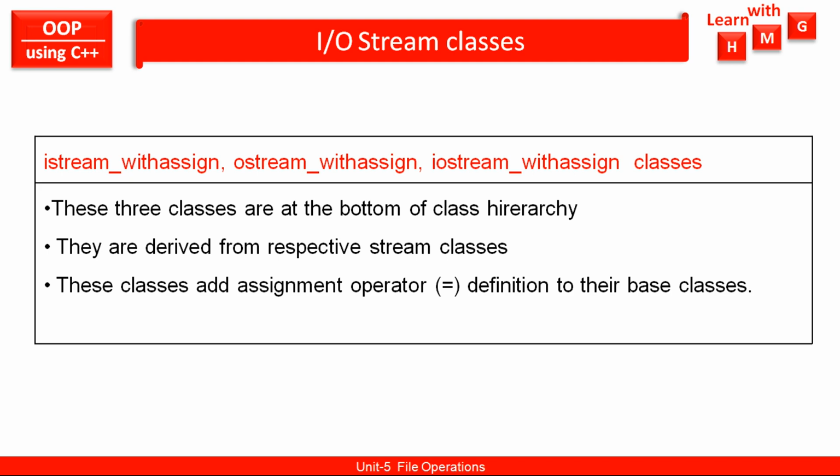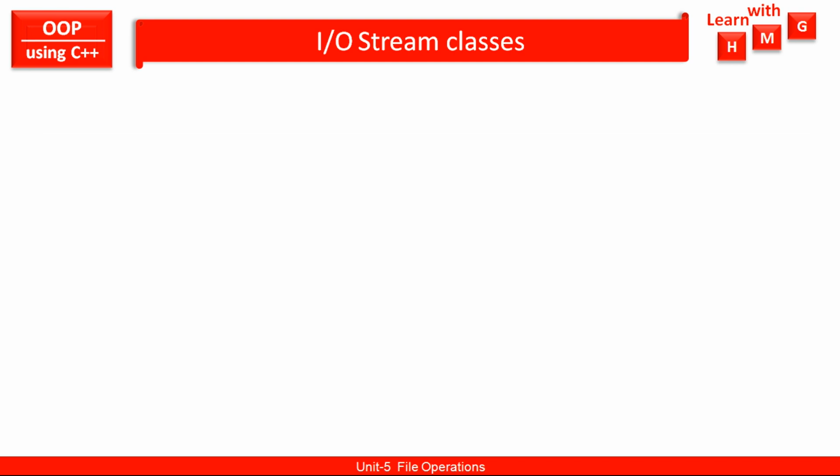These classes add the assignment operator definition to their base classes. So the assignment operation is added in these three base classes, and a new class is generated, the with assign class.